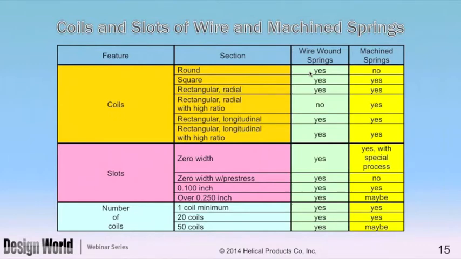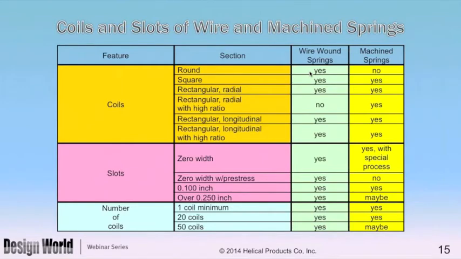There's also a longitudinal rectangular, which looks a little bit like flat stock that's wound, and in the wire world, that's exactly what it is, and that's certainly available. But it can also be machined with a high ratio, so having a very wide coil width is available both from wire and from machine springs.